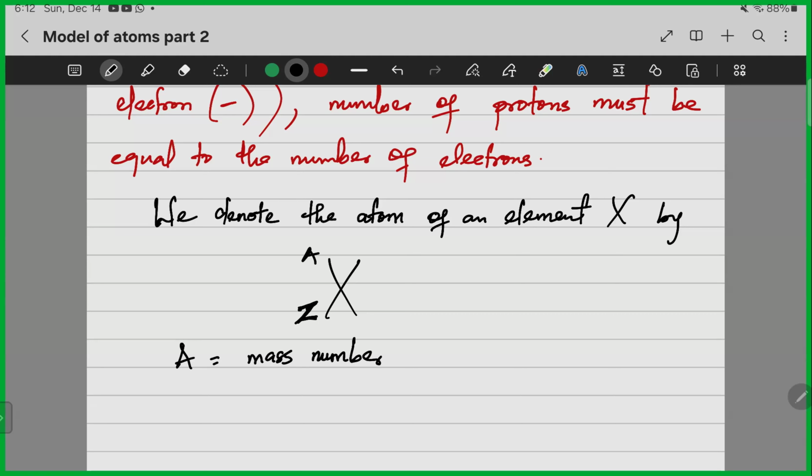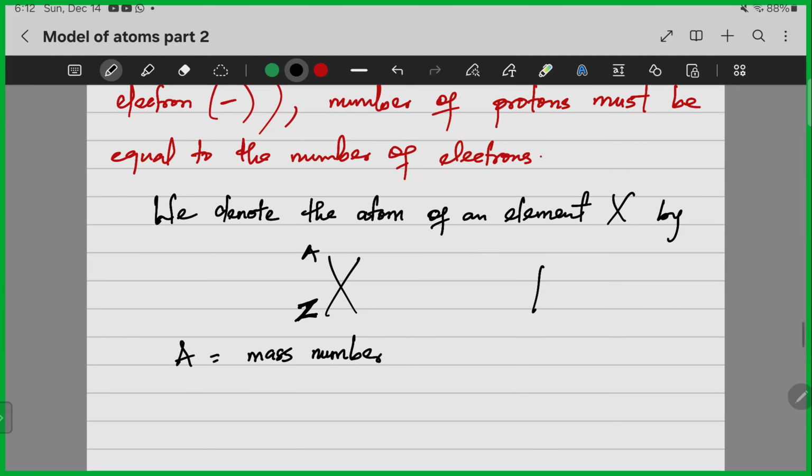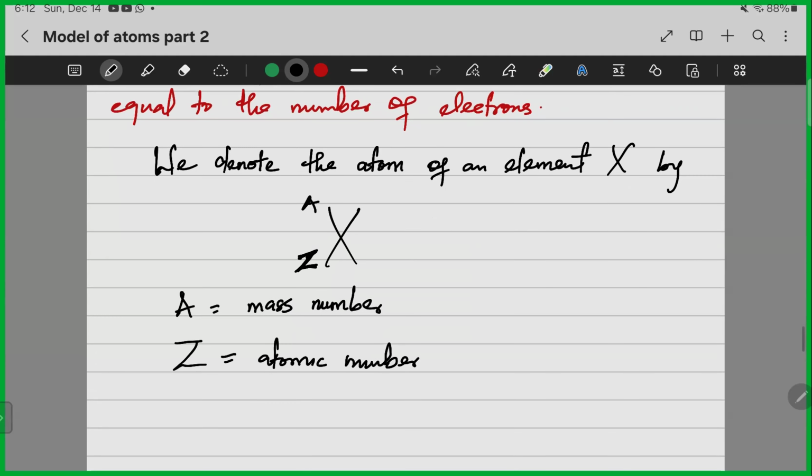For example, for helium, written as 4, 2, 4 is the mass number and 2 is the atomic number.